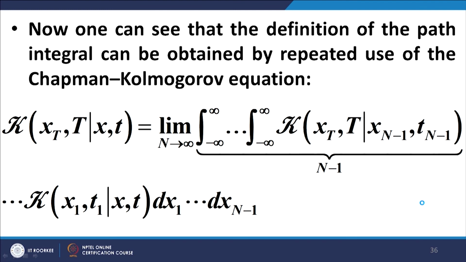You see, the Chapman-Kolmogorov equation relates to one time slicing being introduced between t1 and t3, only one time slicing. Here we are having an infinite number of time slicings being introduced. So, it amounts to repeated applications of the Chapman-Kolmogorov equation.